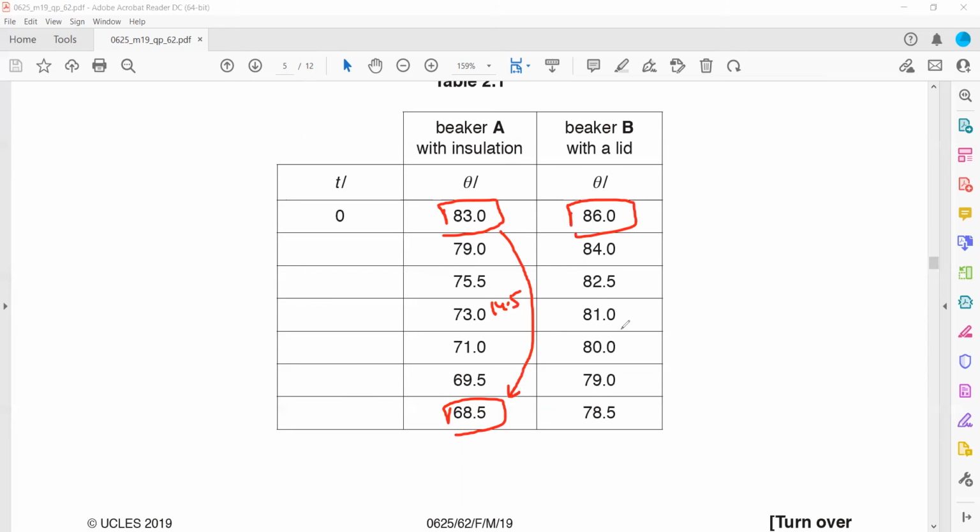But when we are using a lid, it is 86 minus 78.5, which is only 7.5. So which of them is effective in reducing the rate of cooling, insulation or a lid?